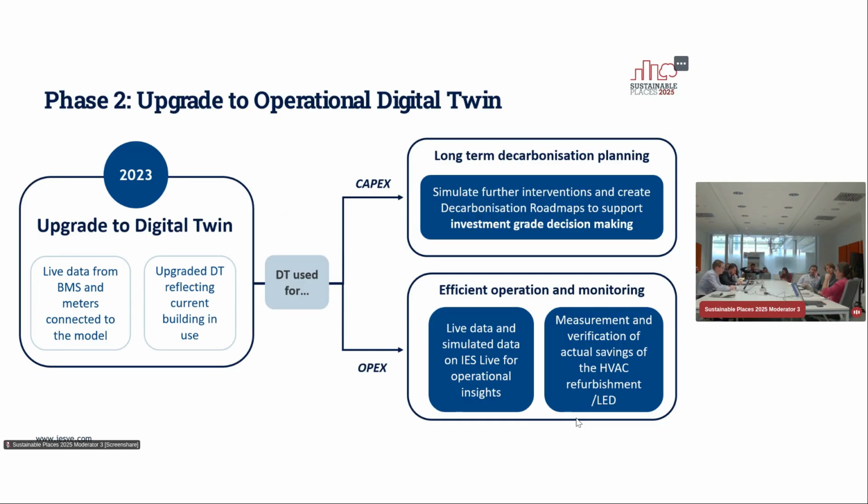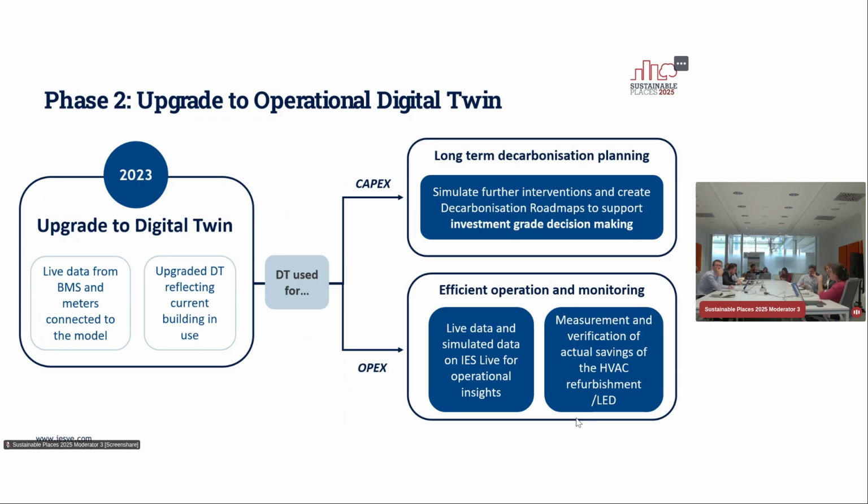So here, that data from the building management side was connected live into iScan and then IS Live from the meters as well. They installed sensors on the lighting to look at occupancy, to get insight into that.